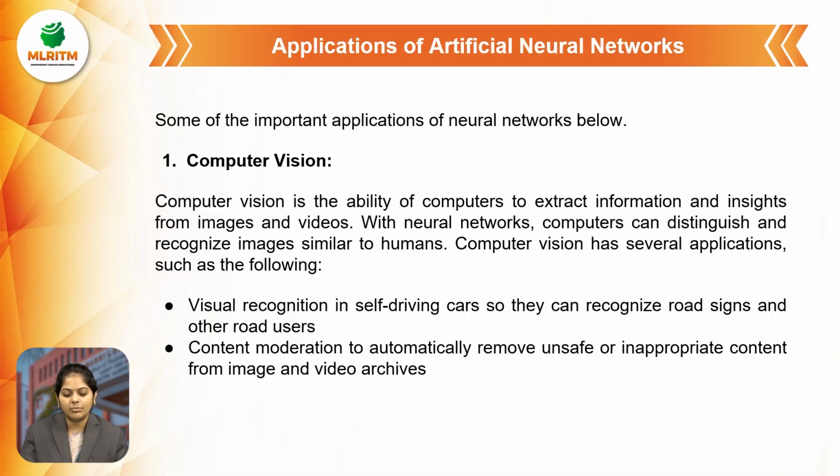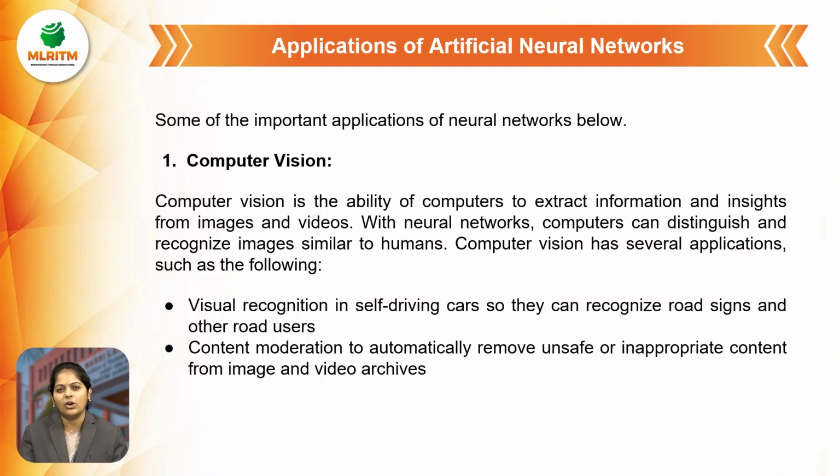Let's look at the first example, visual recognition in self-driving cars. Let's say we are using a self-driving car. Whenever the car is in a developing stage, it will undergo some training procedures so that it will identify traffic signals, a human passing before the car, any kind of animal passing, and road signs, like left or right turns.